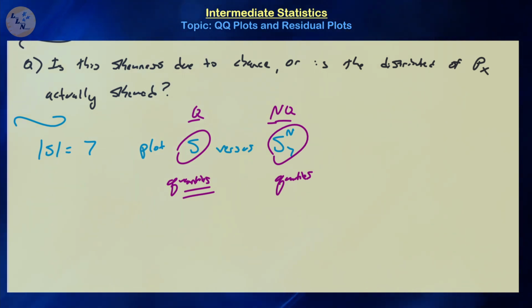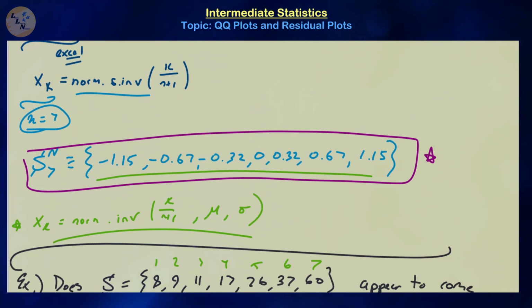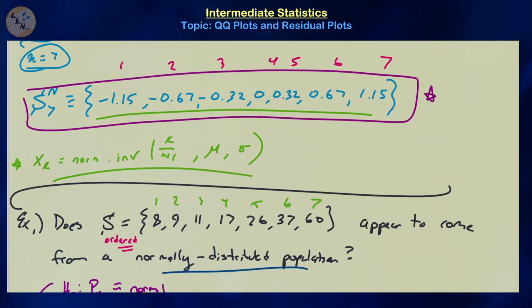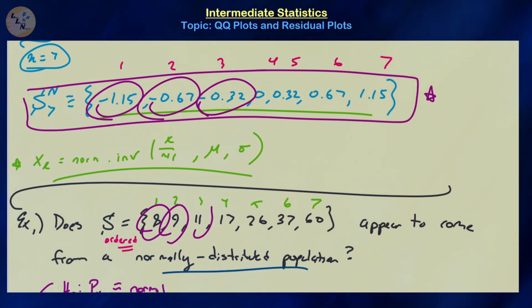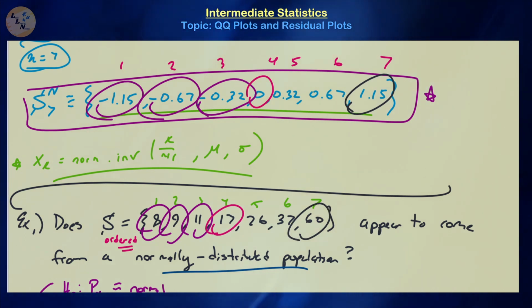If we go ahead and plot this data set, let's assume that's k equals 1, 2, 3, 4, 5, 6, and 7, and we go back to the other data set that we have, 1, 2, 3, 4, 5, 6, and 7, and we pair these up one by one. Pair the medians of those data sets together, so 0 and 17 would be matched together, 1.15 and 60 would be matched together, and so on.